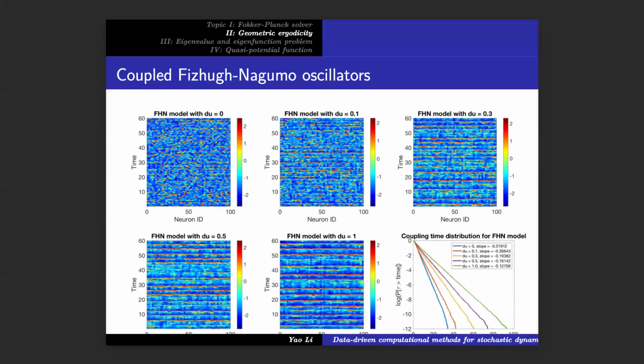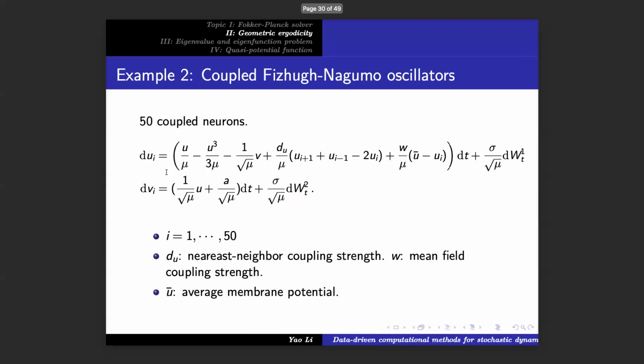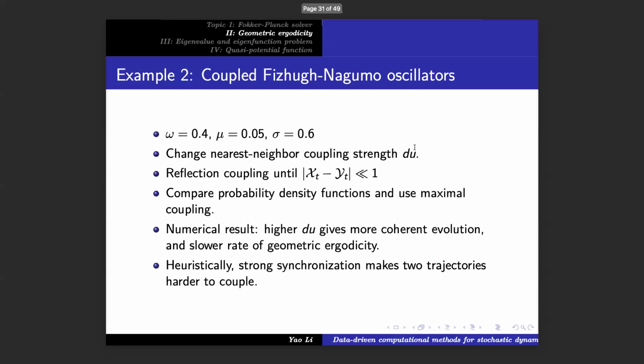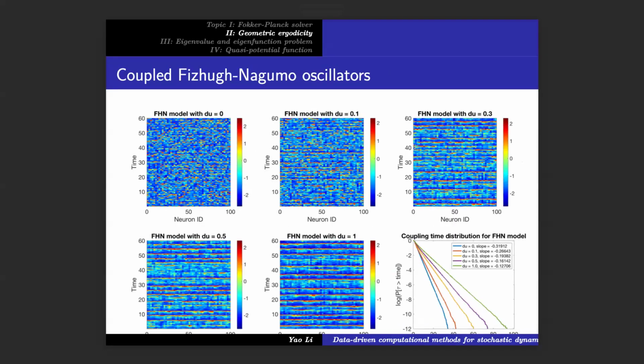Biologically, you can see that when you have higher and higher coupling strength, which is this W and this du, that's the nearest neighbor, that's the mean field. We are changing this nearest neighbor coupling strength, and you can see that higher du means they are more coherent. That's the heat map of their membrane potential: this is neuron ID, this is time, and the color means the membrane potential. You can see that strongly coupled means more coherent.